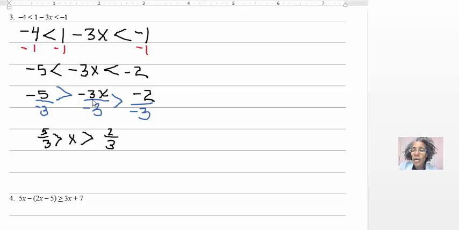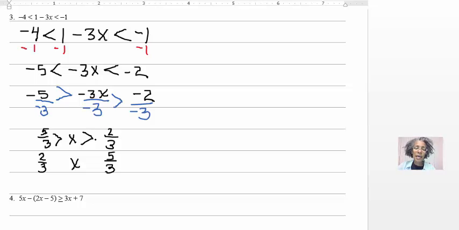All right, now whenever I write this type of inequality, the smaller number should always be on the left, just like it would be on the number line. The larger number should be on the right.